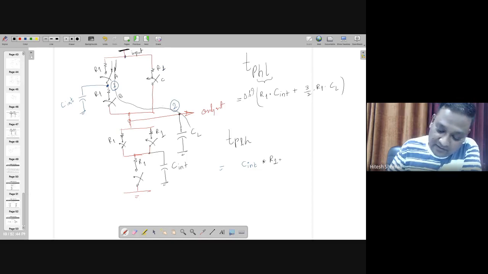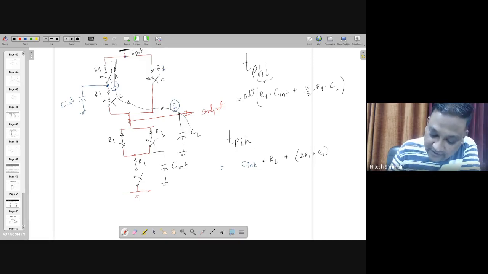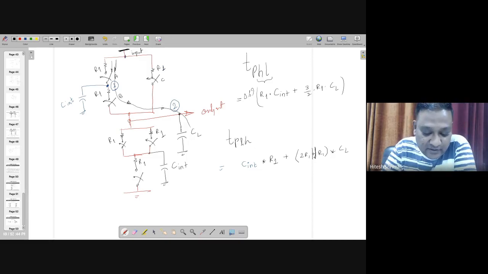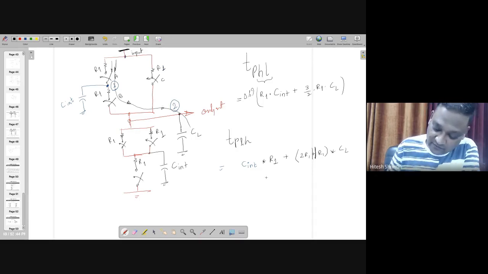If we look at the other side, which is CL, where the input to output path is already drawn, the resistance on this path is 2R1 plus R1 times CL, in shunt with R1 times CL. This is the resistance coming onto the path, so multiply by 0.69, that's the TPLH.